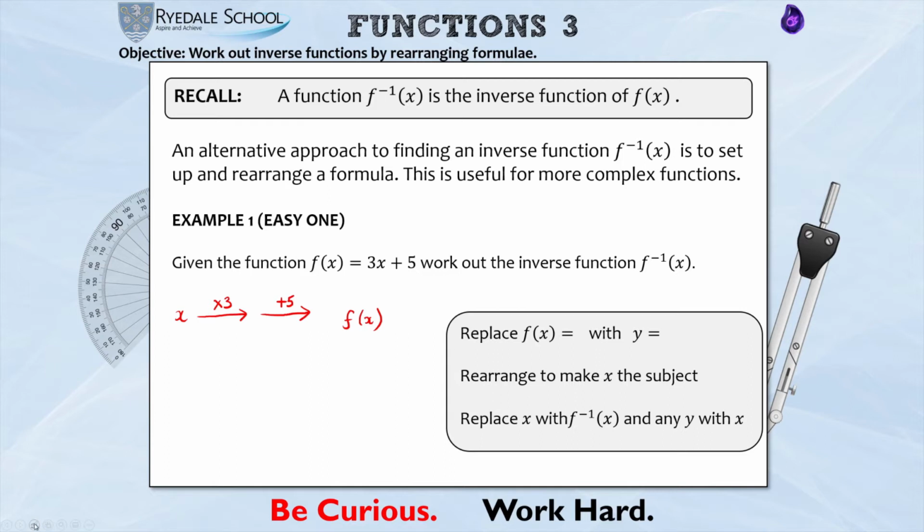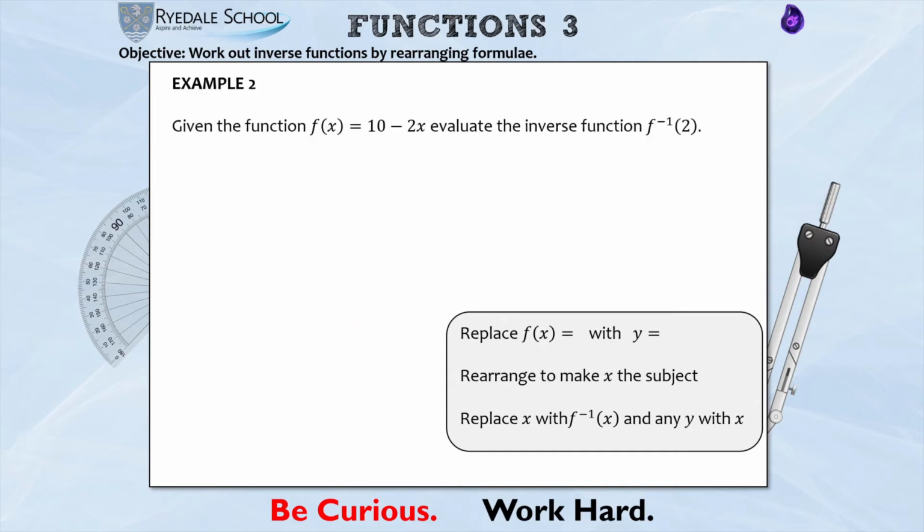And then if we wanted to do our inverse machine, we would work it backwards by taking away 5, dividing by 3. So the inverse function would be x take away 5 over 3. So what you can see there is we have got the same result using this other method.